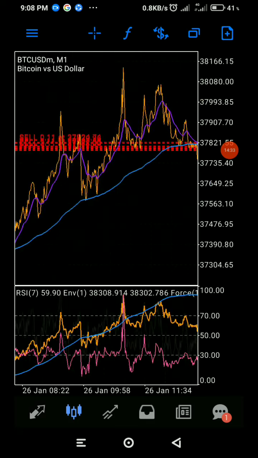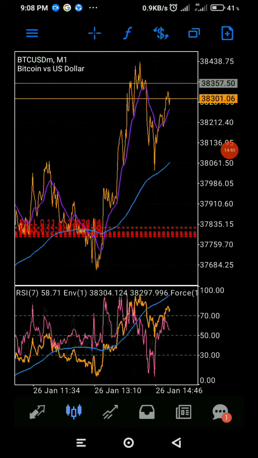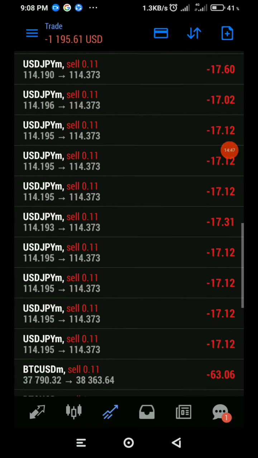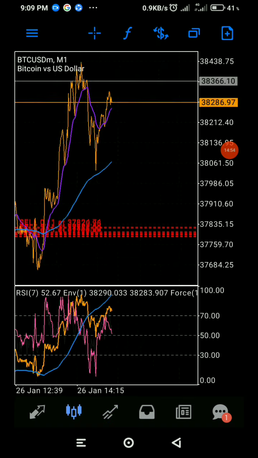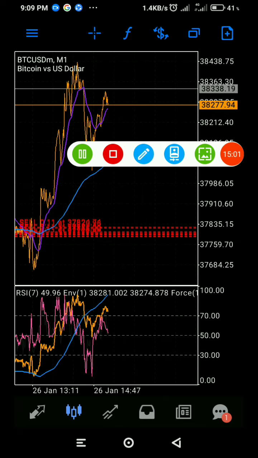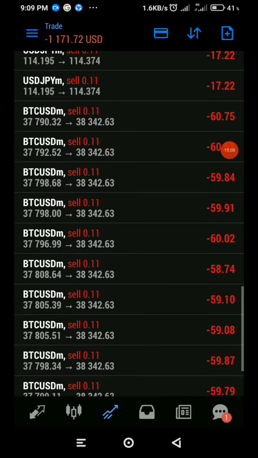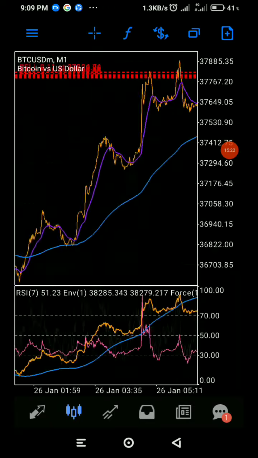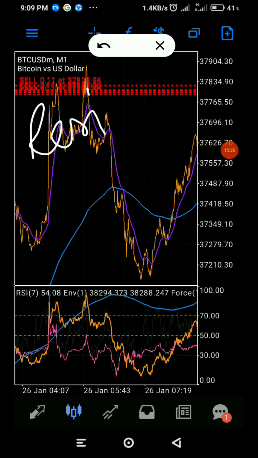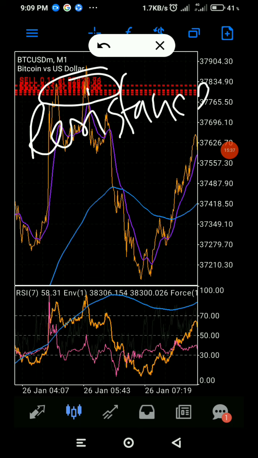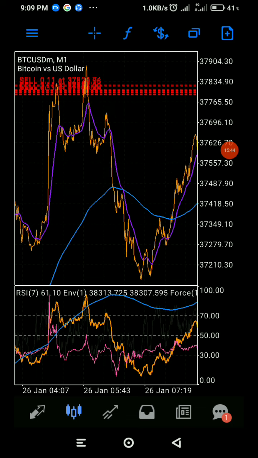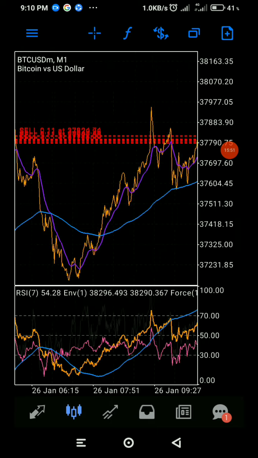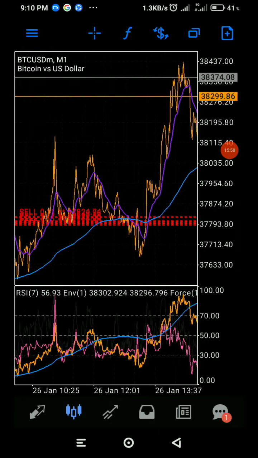Here Bitcoin, we're taking sell entries, but price is hitting upward, so we're just waiting to see price coming down. Okay, let's see what's happening. And you have to move the grid left to right, and here is resistance or supply, this area.